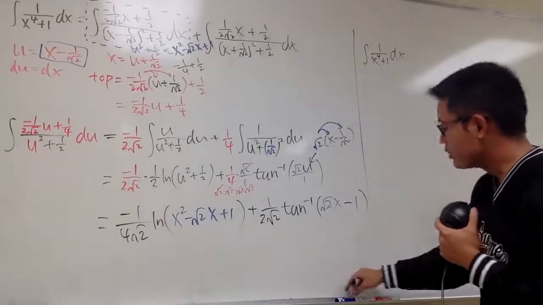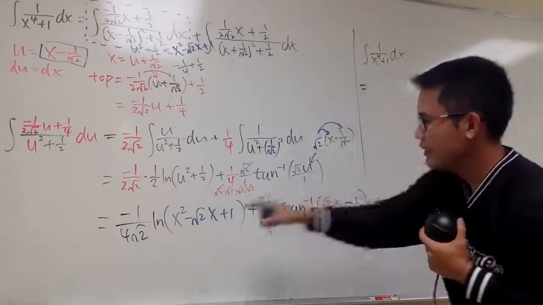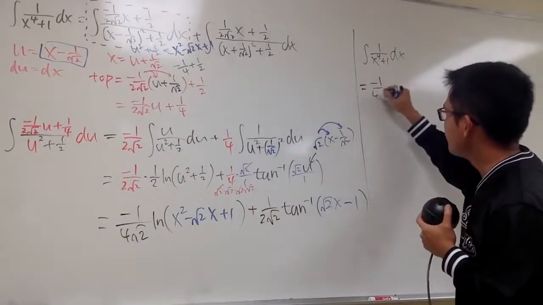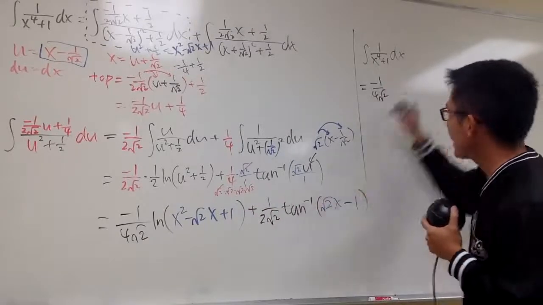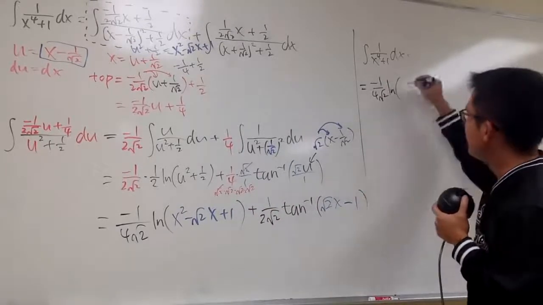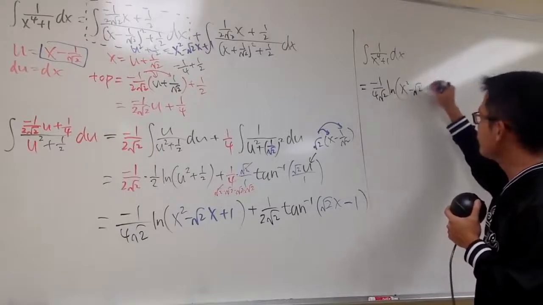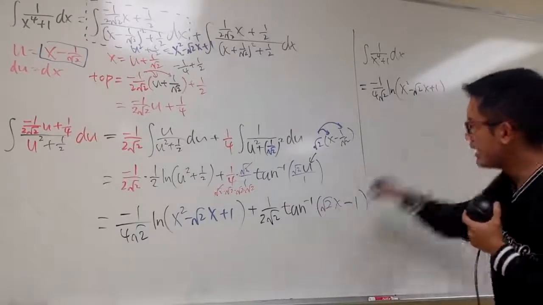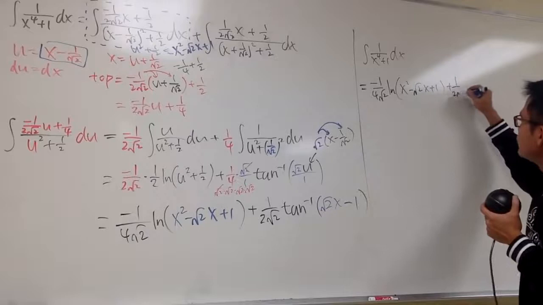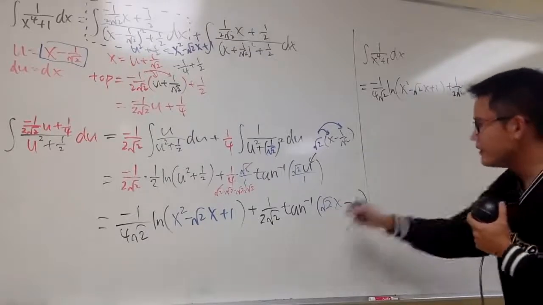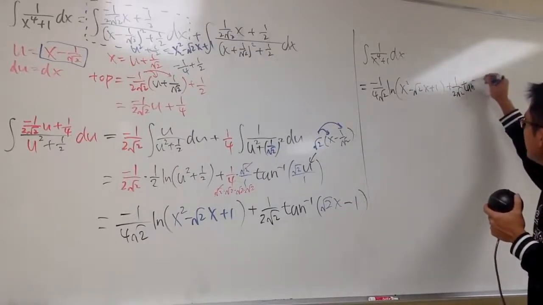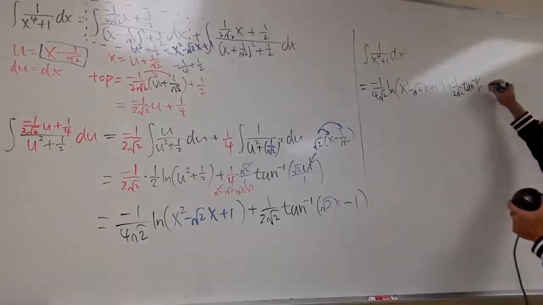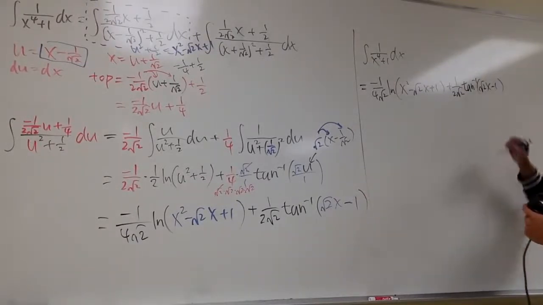So the result is going to be, we have this right here, negative 1 over 4 square root of 2 times the ln parentheses x squared minus square root of 2x plus 1, and then plus 1 over 2 square root of 2, and we have the inverse tangent, and we have square root of 2x minus 1, like that, okay?